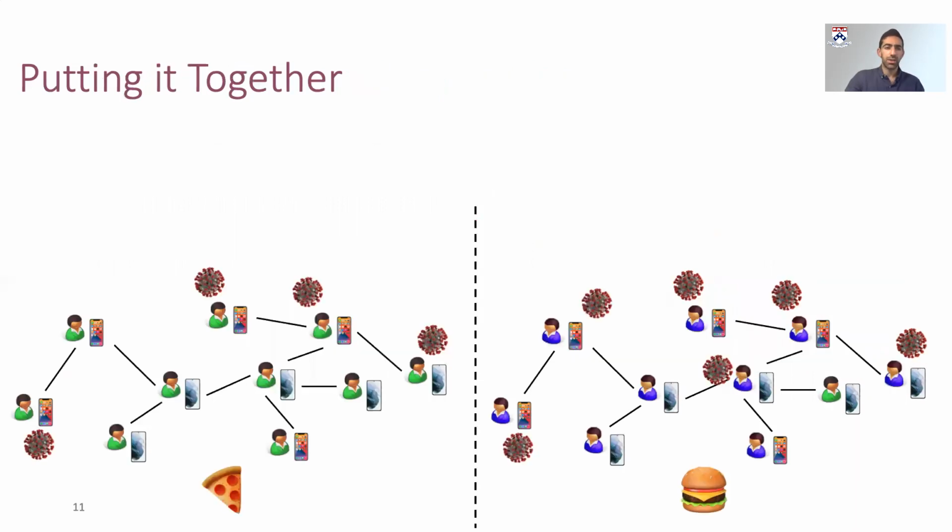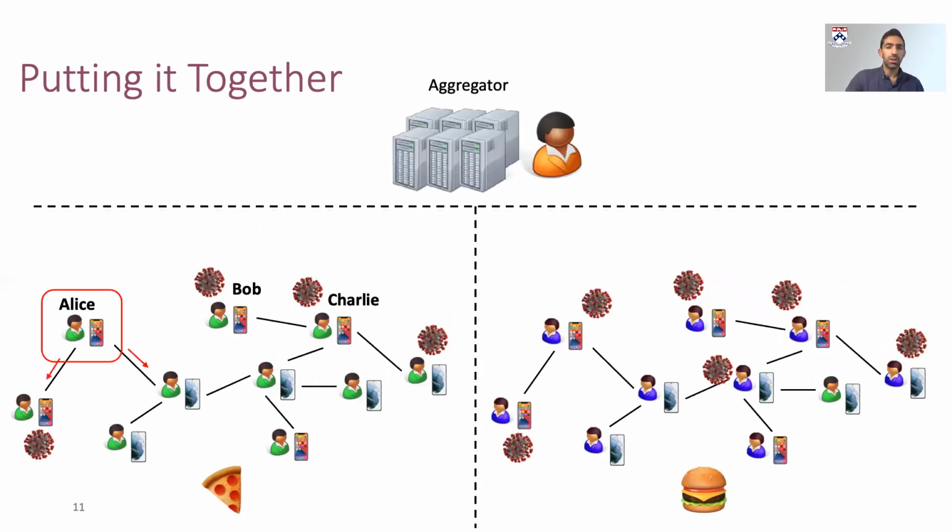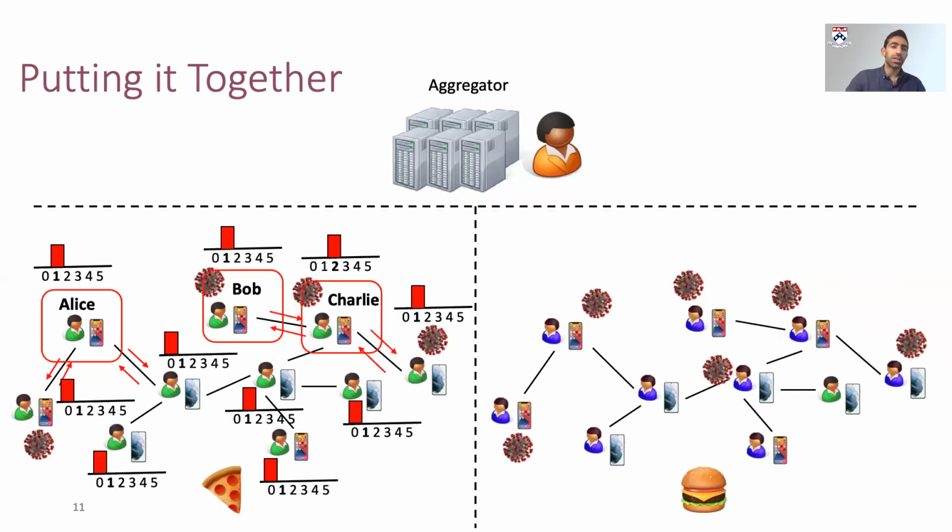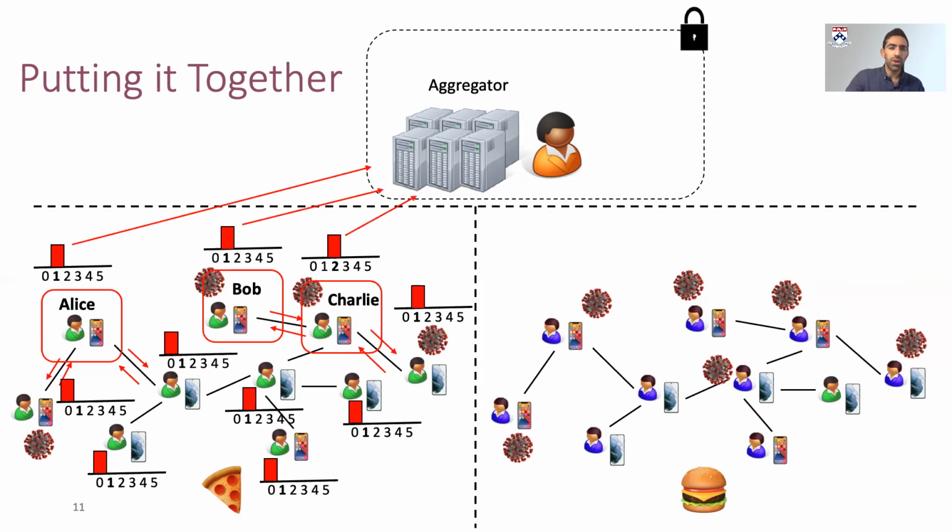So now to put it together, let's look at both our places, the pizza place and the burger place. So Alice is going to communicate with her neighbor, and she's going to get a 1 because she has 1 infected neighbor. The same thing is going to happen all across the graph at the pizza place. So every individual is going to create some local histogram based on the number of users that they infected. They're going to send these to the central aggregator in encrypted fashion, who sums them all up and gets this histogram.